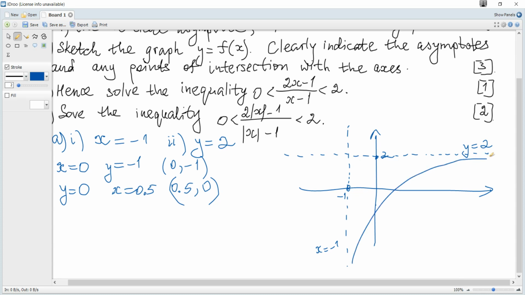It tends to y is 2 and to negative infinity when x tends to -1, and this point is -1 and this point is 0.5.